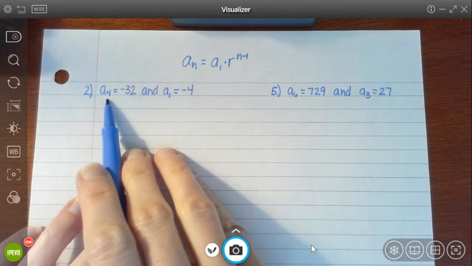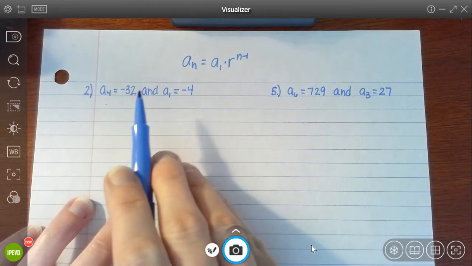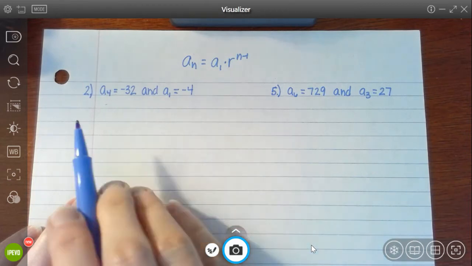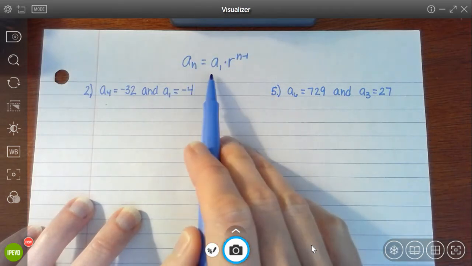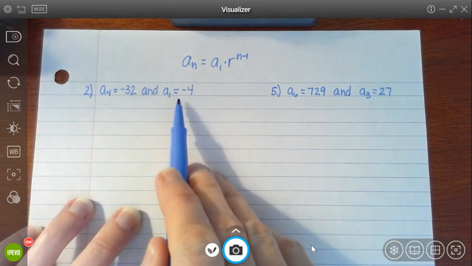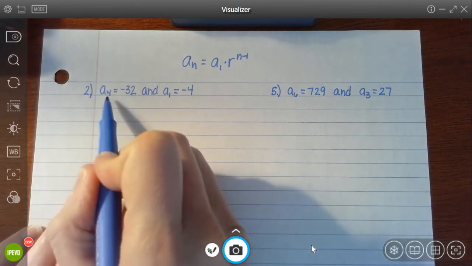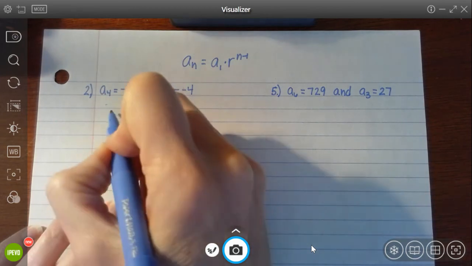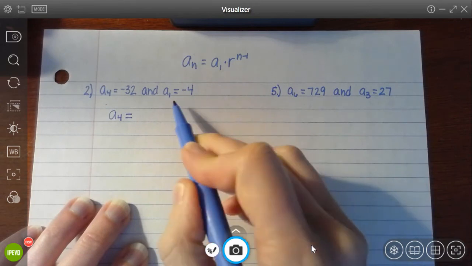So for example, if I wanted to generate term 4, I could take my first term, a sub 1, and multiply it by r 3 times to generate the next couple terms. So instead of always working out the formula for a sub n is equal to a sub 1 times r to the n minus 1, I can write a formula relating any 2 terms by taking the one with the larger term number, so in this case a sub 4, and rewriting it as the other term that I have.